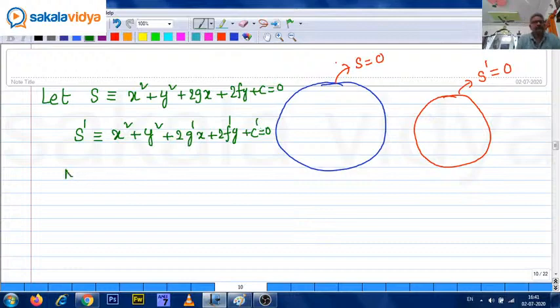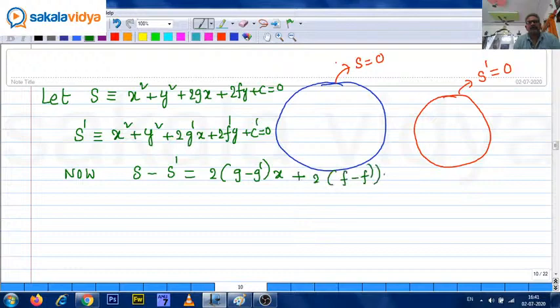Now find S minus S dash. What do you get now? S minus S dash, x square cancels, y square cancels. You get like this, 2 times g minus g dash of x plus 2 times f minus f dash of y plus c minus c dash equals 0. So equate to 0. For example, it will be in the form of ax plus by plus c equals 0.